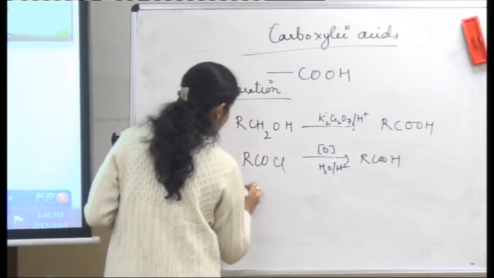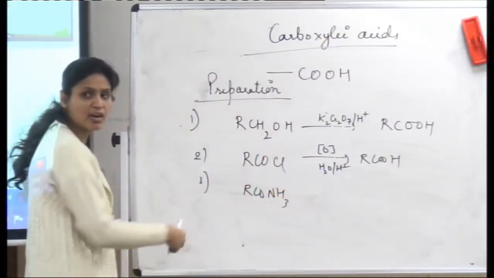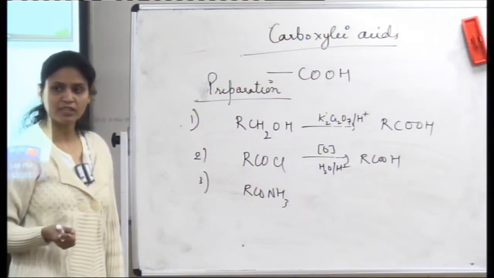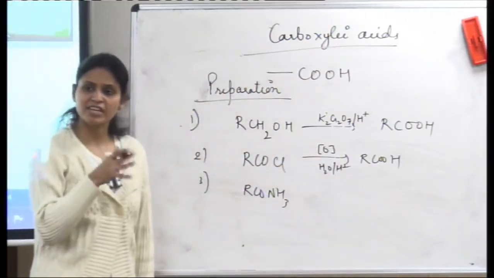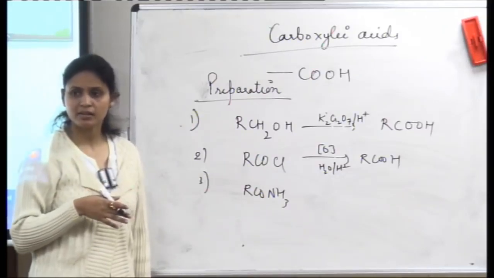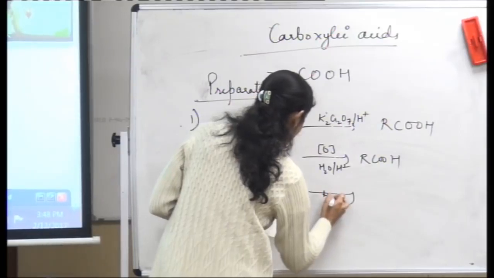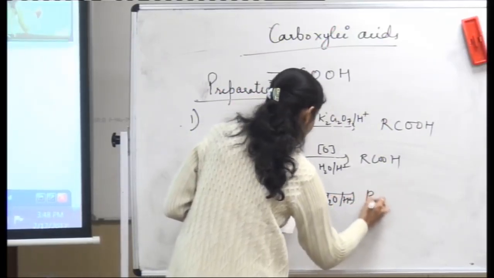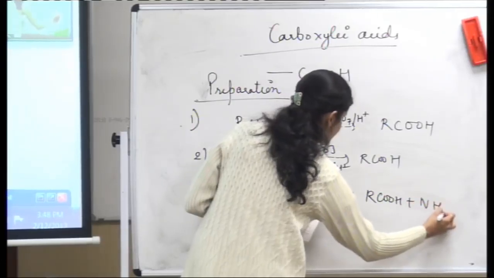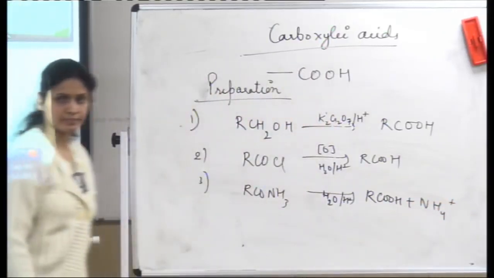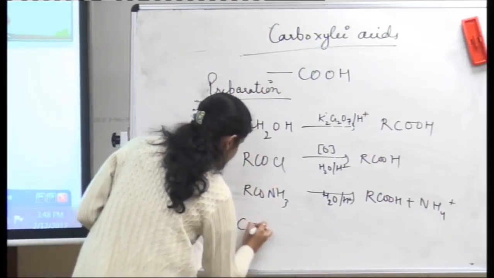Again, let's take an amide. These acid chlorides and amides are all derivatives of carboxylic acid. So, using the derivatives, we can get back to the parent functional group, right? Using the hydrolysis reaction, I get this carboxylic acid and the remaining ammonium part.